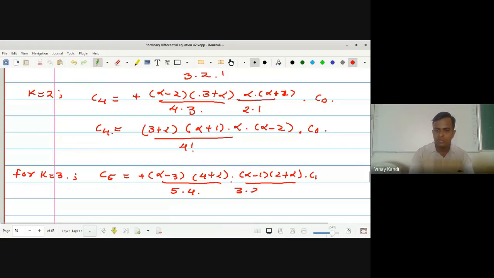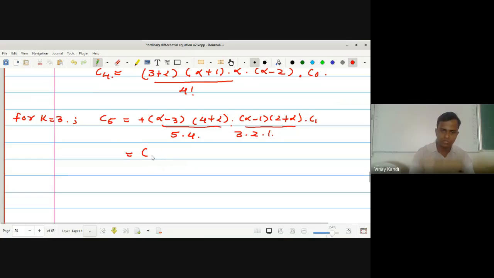This 3 into 2 into 1, which is equal to, now look at, rearrange your terms, 4 plus alpha, or we can write alpha plus 4. Alpha plus 4, alpha plus 2 into alpha minus 3 into alpha minus 1 divided by 5 factorial, okay, into C1.